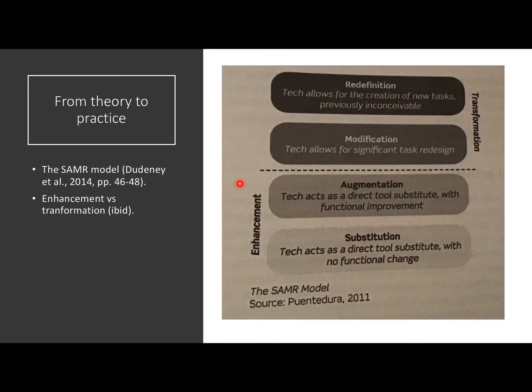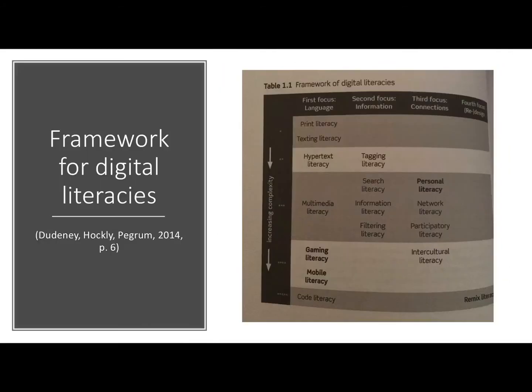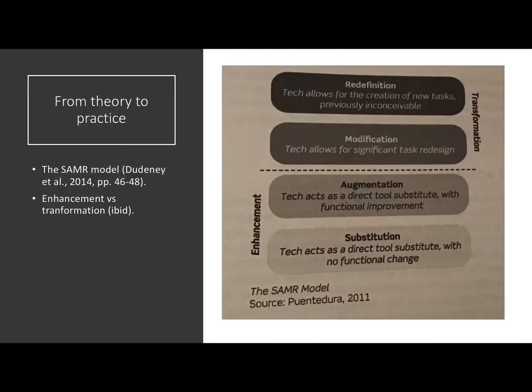The enhancement connected to substitution and augmentation is regarded as the lower level, where you, for instance, switch the pen and paper with a keyboard and augment further by implementing then word processing tools.